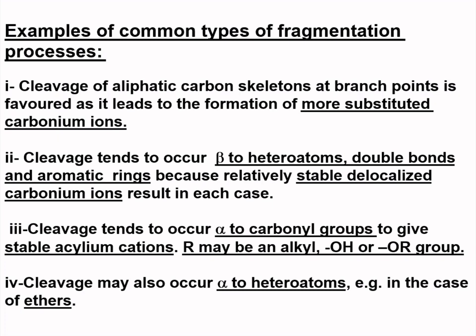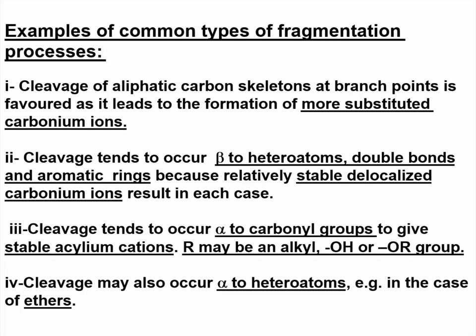Examples of common fragmentation: cleavage of the aliphatic carbon skeleton usually occurs at the branch points because it produces more substituted carbocations. Cleavage of compounds containing heteroatoms, double bonds, or aromatic rings occurs beta to the heteroatom, double bond, or aromatic ring because it produces stable delocalized carbocations.